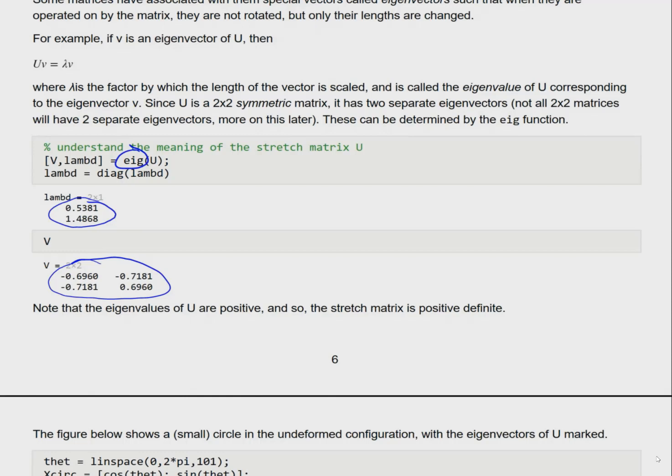The eigenvalues of U are both positive. That tells us that the matrix U is positive definite, which means that the matrix cannot squish a triangle into itself and flip it over. It can only stretch it.